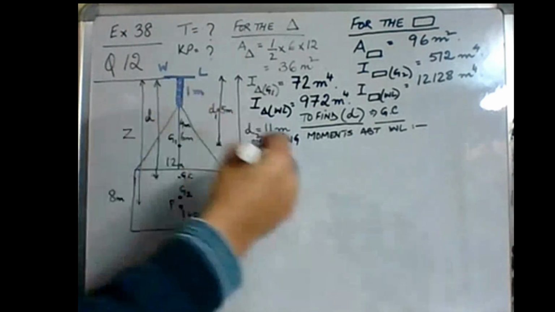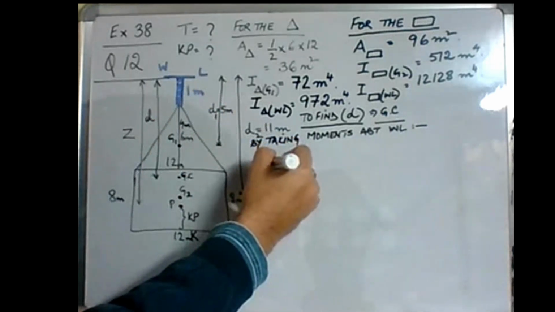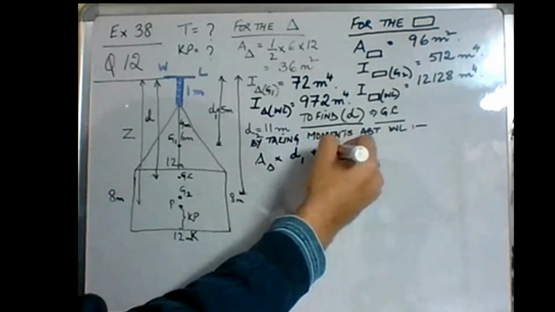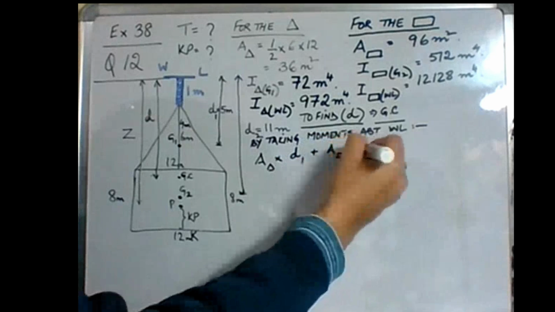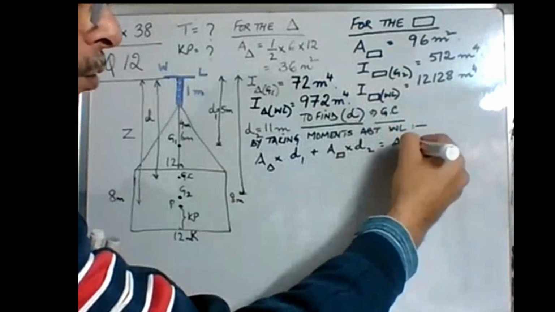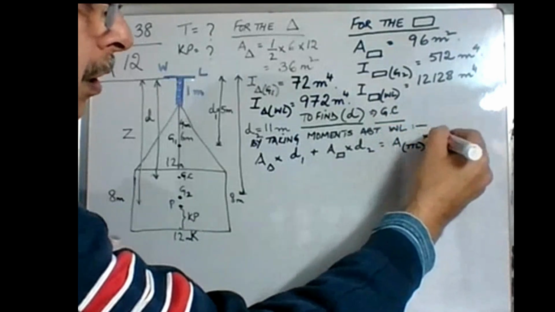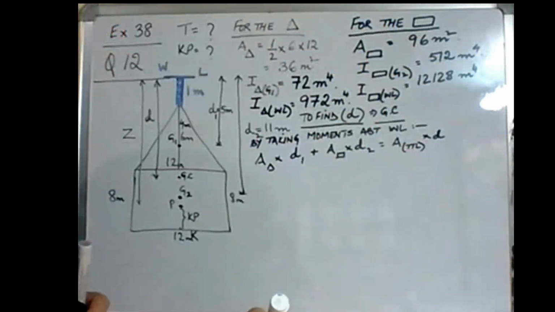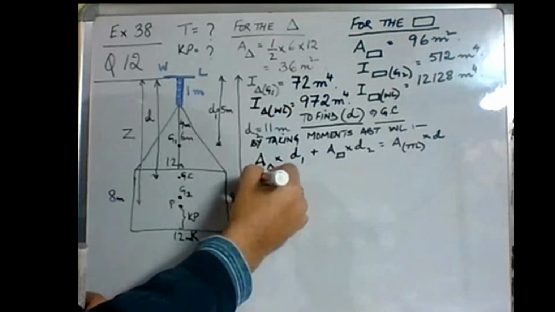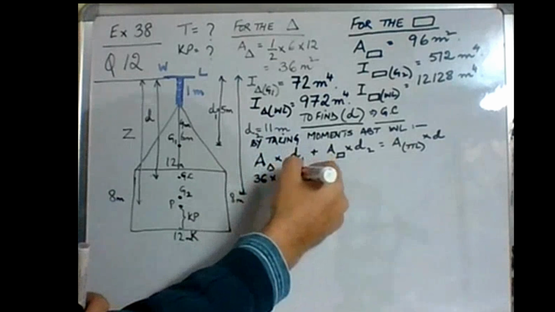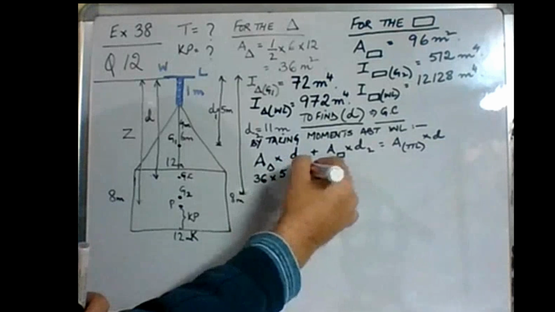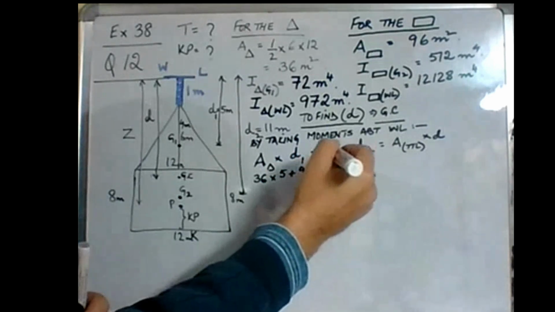So basically, area of the triangle into lever of the triangle D1, plus area of the rectangle into lever of the rectangle D2, is area total into D. So 36 into D1 5, plus 96 into D2.